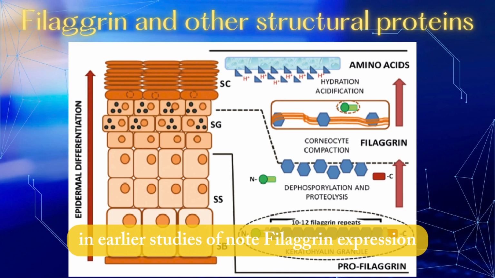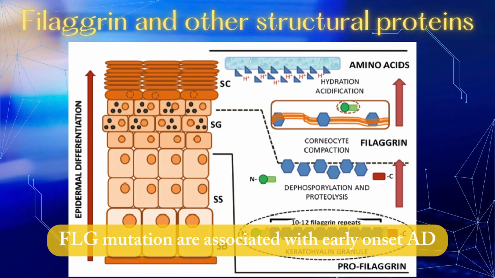Of note, filaggrin expression is also affected by intragenic copy number variation and reduced by increased local pH, protease activities, and Th2 cytokine levels.